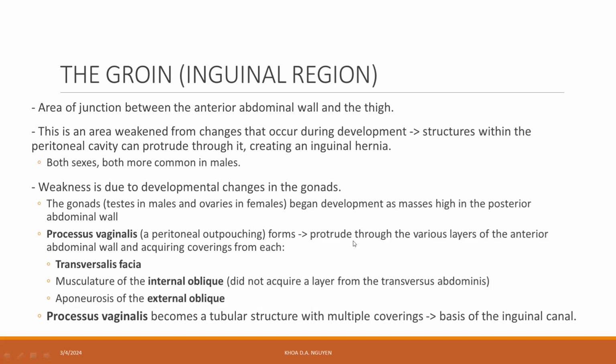You can think of the processus vaginalis as kind of like Lewis and Clark, or as a harbinger for the movement of the actual gonad, especially in the male later on.